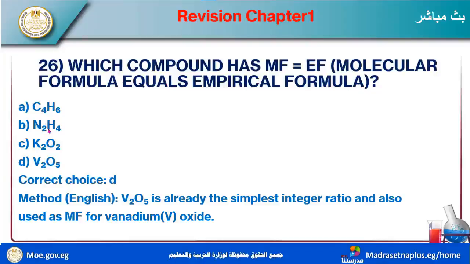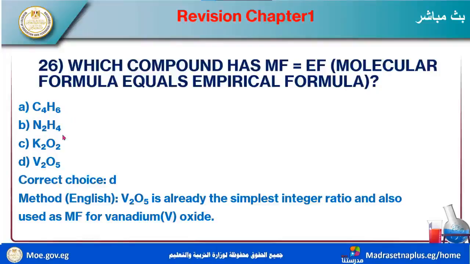C4H6, N2H4, K2O2, V2O5. Each of these you can divide by 2, so the empirical formula is C2H3, I'm sorry.